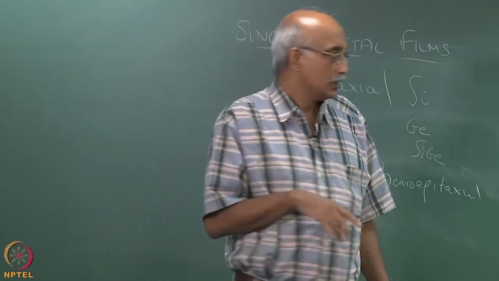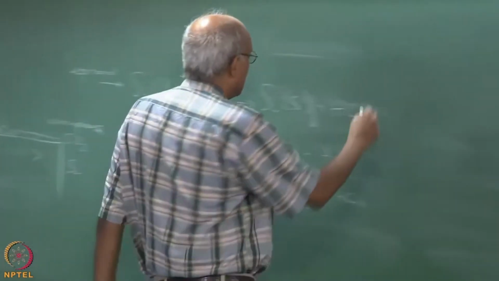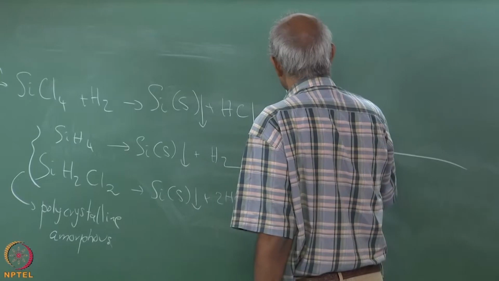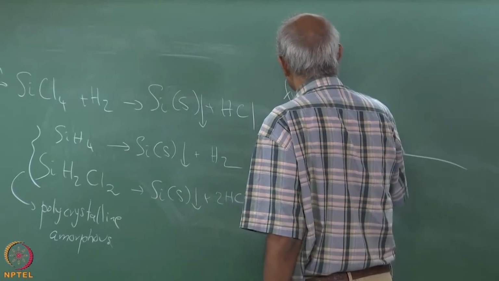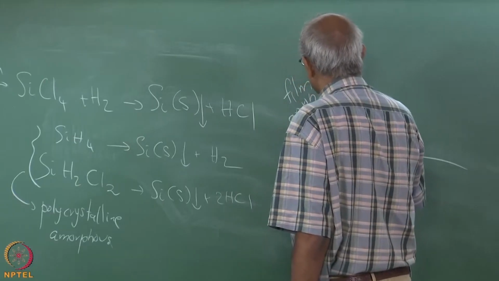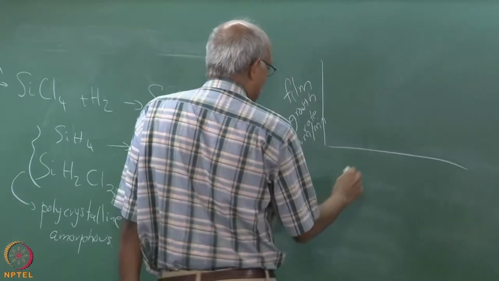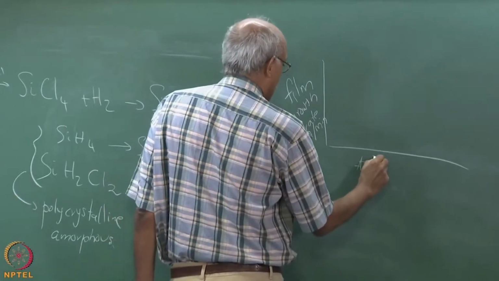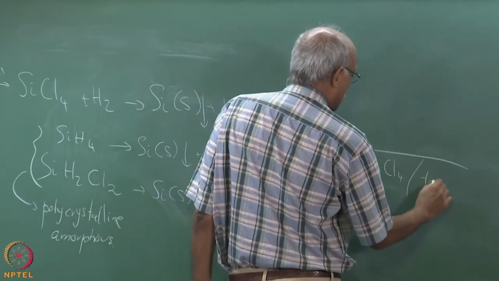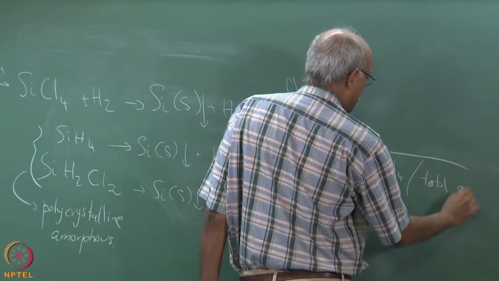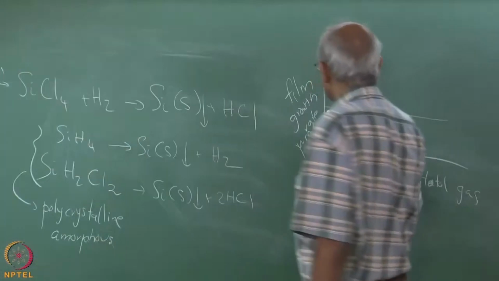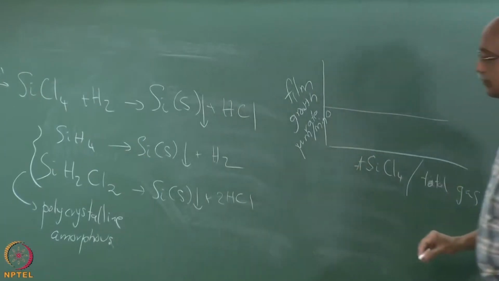etching mechanism. In fact, if you plot the film growth rate, which is typically in micrometers per minute, against the number of SiCl4 molecules as a fraction of total gas molecules, you can actually have a behavior where the deposition rate goes from positive to negative.